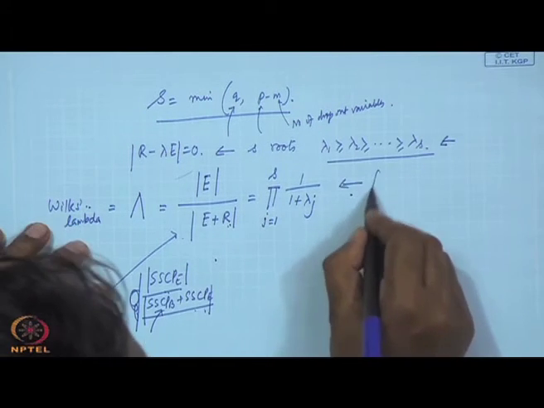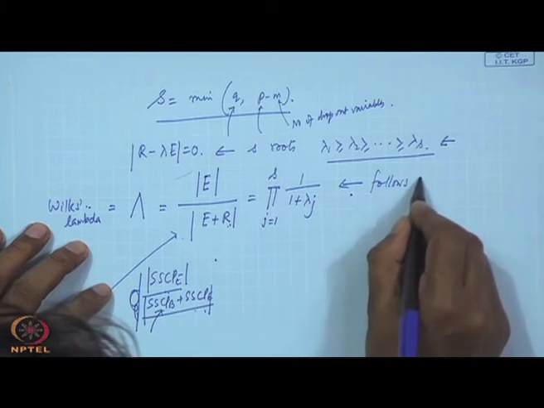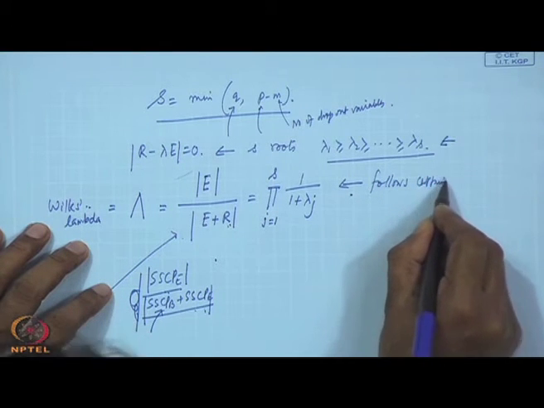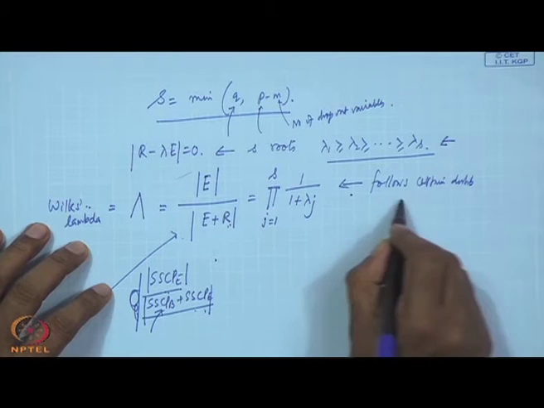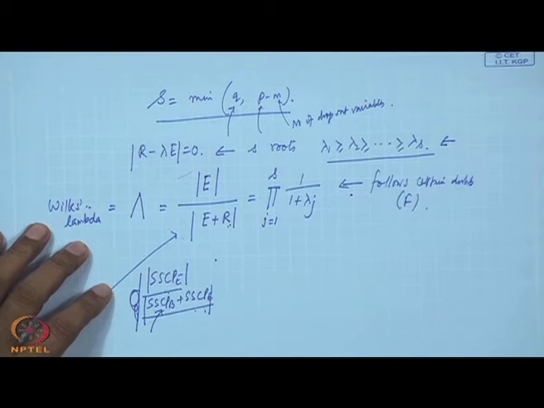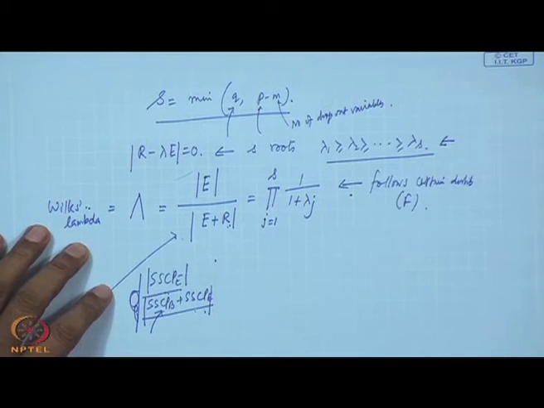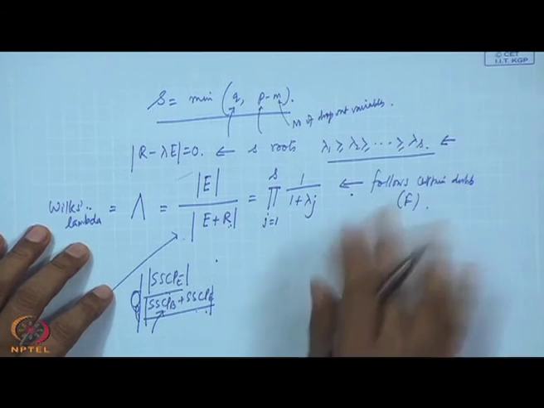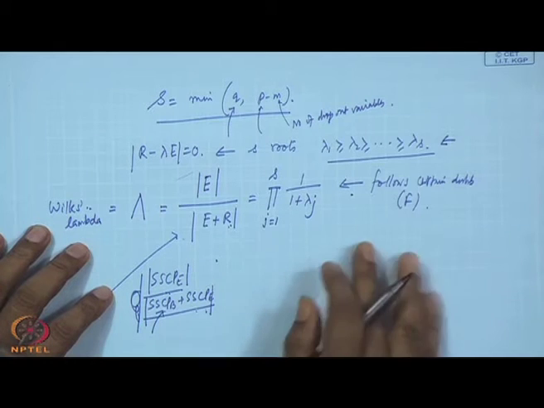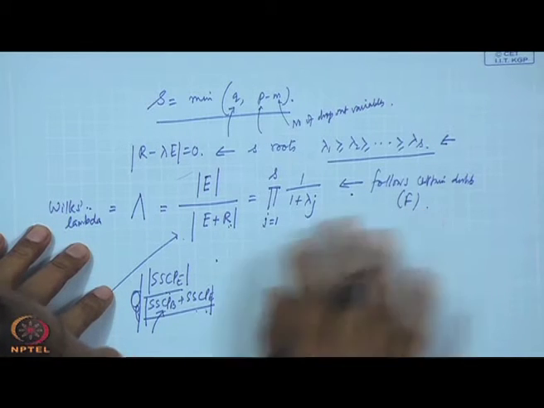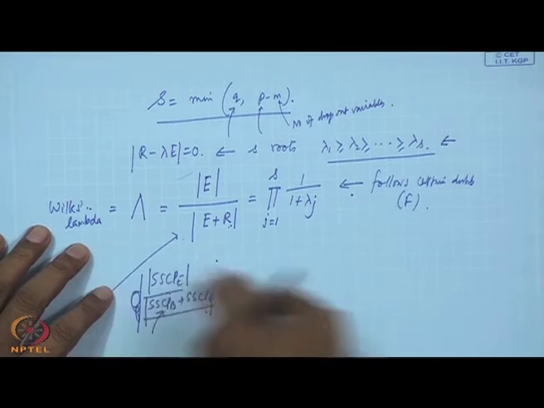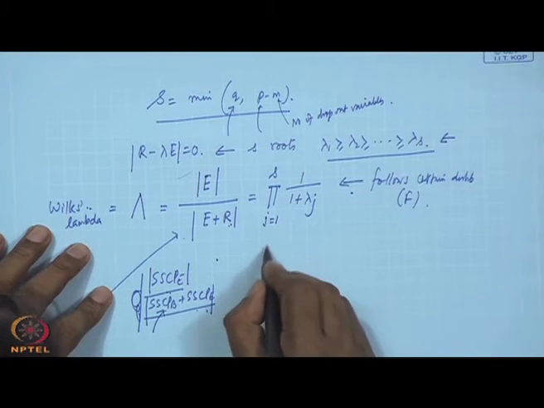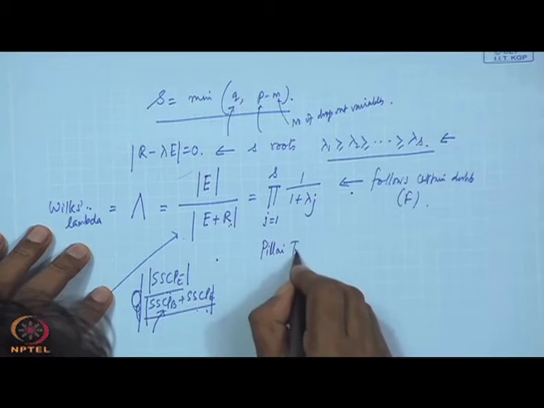This definitely follows a certain distribution, and in all cases F distributions are approximated. Here some other distributions like chi-square, we have seen Bartlett has given a chi-square distribution, and Rao has given an F distribution for this Wilks lambda.